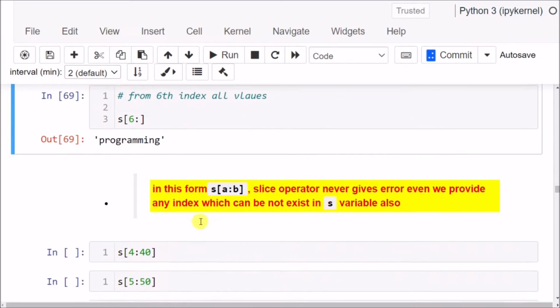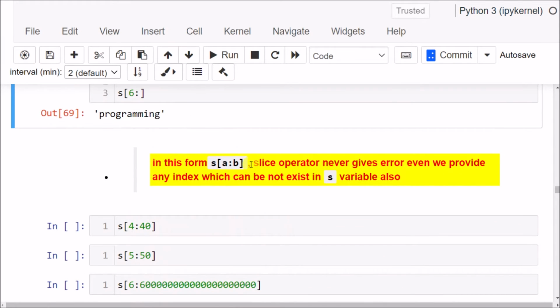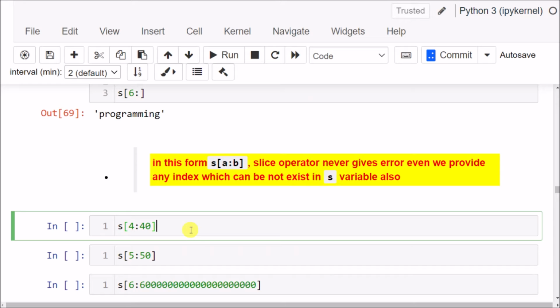Okay, so in this form the slice operator never gives an error, even if we provide any index which does not exist in the S variable. Here we know index 40 is not available, but in this case 40 is considered as the last index, that is, before the last index.